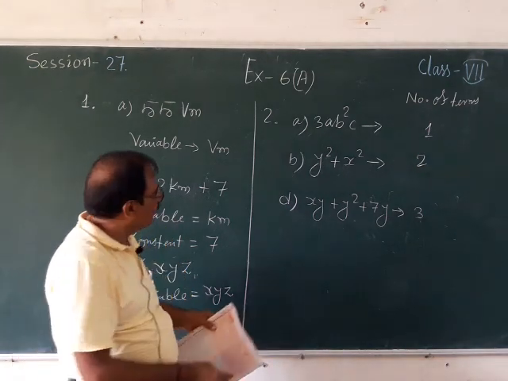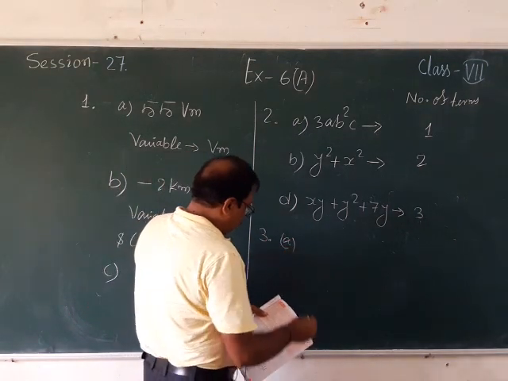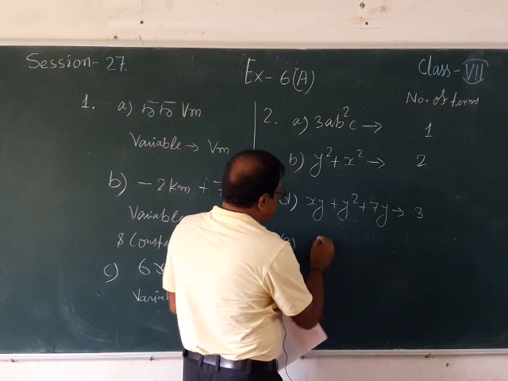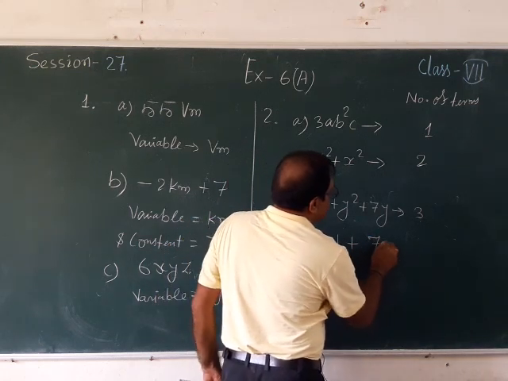Numerical coefficient means, as I have told you, 3a. Suppose I write question A: 5d plus 7md.